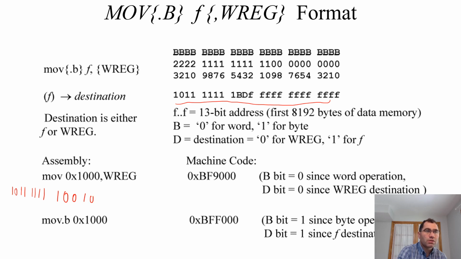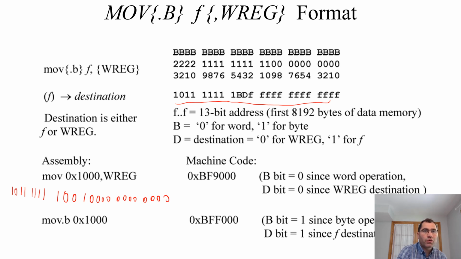So it's 1 1 0 0 0 0 0 0 0 and 0 0 0 0. Again, this is the binary equivalent of this hexadecimal value, which is the address location in data memory.